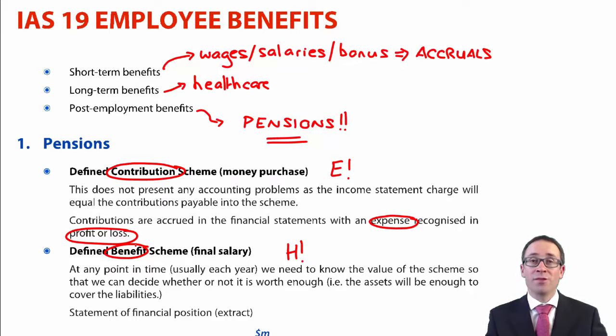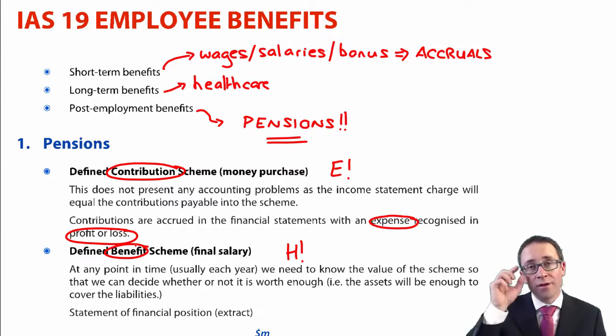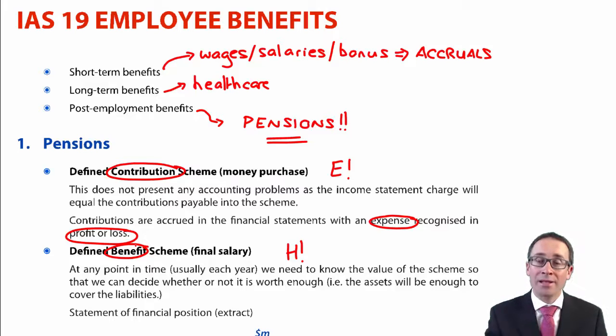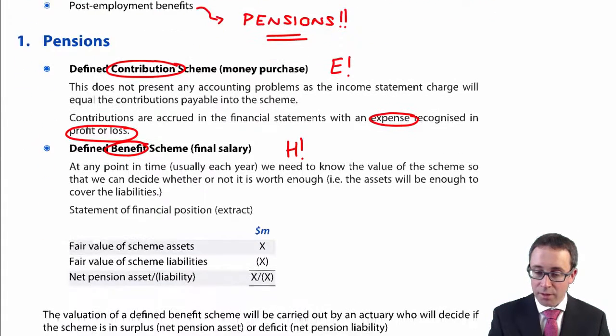So the company is going to invest within assets and shares. So it's going to have to recognize an asset on the SFP. And at the same time, over the employee's working life, the company is building up a liability, as they know that they owe that money that they are saving back to the pensioners on their retirement.